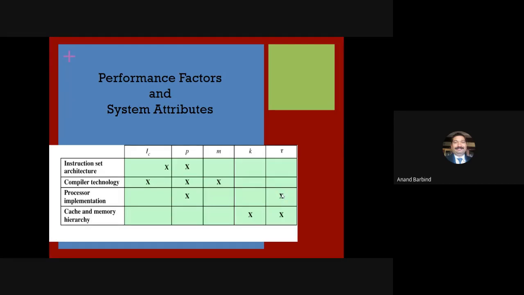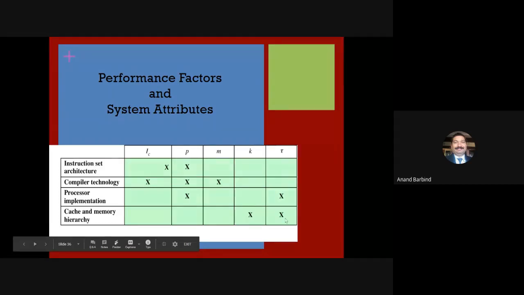So the clock frequency on which your processor can be operated is defined by this particular tau. Whereas the cache memory and the memory hierarchy also matter. So how fast that particular memory is, and how many levels of hierarchy are there, that also matters here.